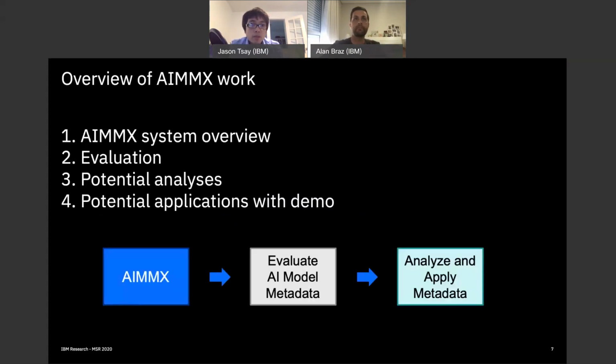What we're going to talk about today is an overview of the AIMMX library, and then we're going to generate AI model metadata from public repositories, and evaluate our system based on this metadata. And then once we have this metadata, we can show the potential of having it, through some exploratory analyses and some applications, along with a demo of a catalog tool that we created.